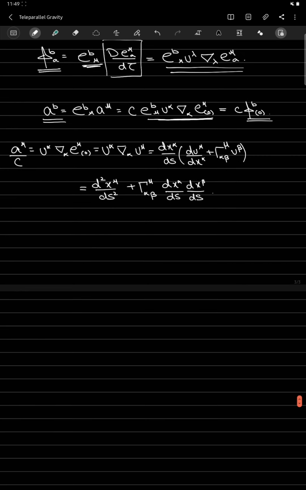But now if you say that your u mu, which is equal to c times e mu of 0, represents a geodesic trajectory, then the frame is in free fall.